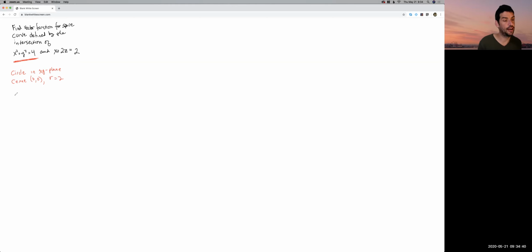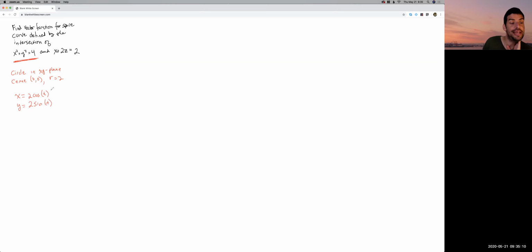We can make our x coordinate equal to 2 cosine, I'll use t as our parameter, and y will be 2 sine of t, right? So if you look back to the first video on parameterization, or maybe the second one, we did a parameterization of a circle. I don't think we had a 2 here. We had just cosine and sine, and we had a circle of radius 1. If we just extend everything, double everything, we're going to get a circle of radius 2.